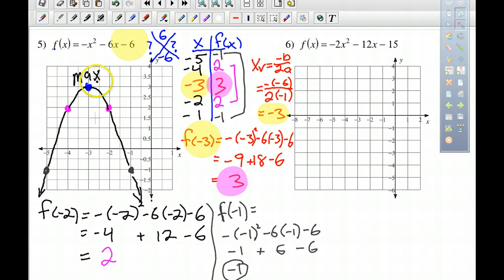Max. Range is what? The graph starts at 3 and goes down, so y equals 3 and below. Y is less than or equal to 3. Don't forget to put max, and don't forget to put domain and range for all of them.